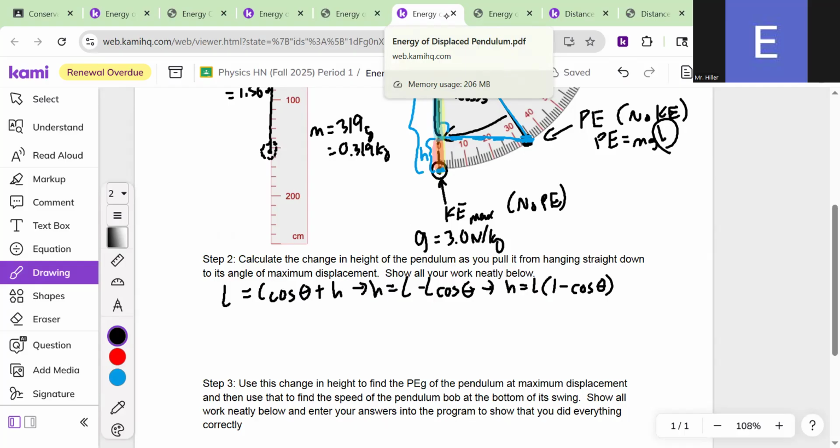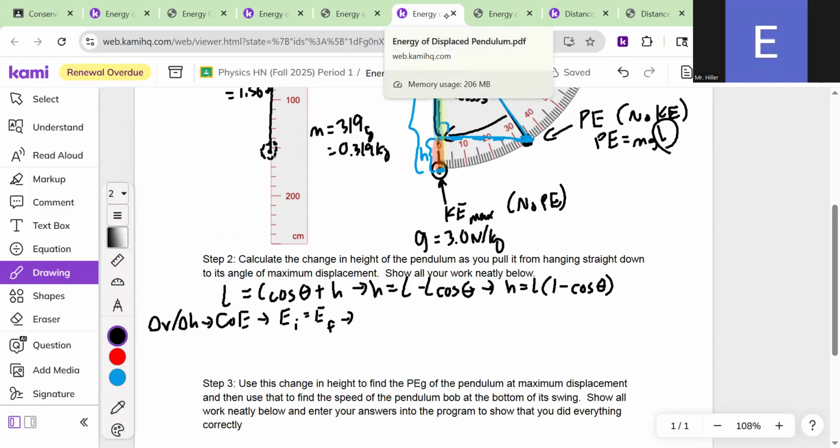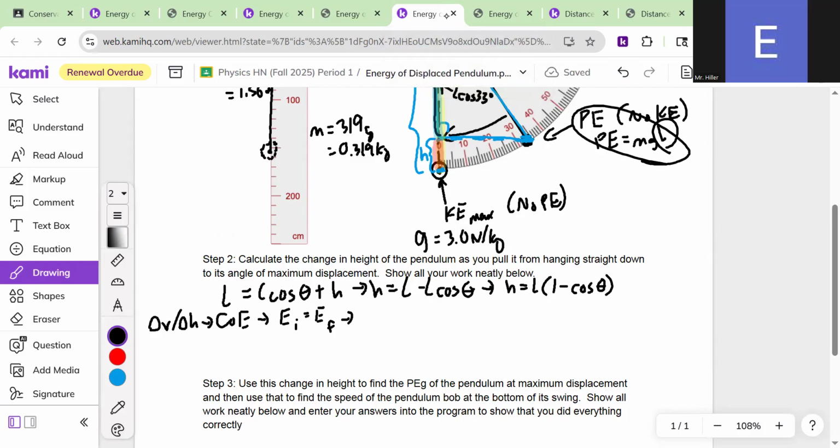Now, the problem is going to work like this. Let's use our conservation of energy. I have a change in speed and a change in height, so I will use the law of conservation of energy, which tells us that energy initial equals energy final. The initial energy was potential energy. The final energy is kinetic energy.